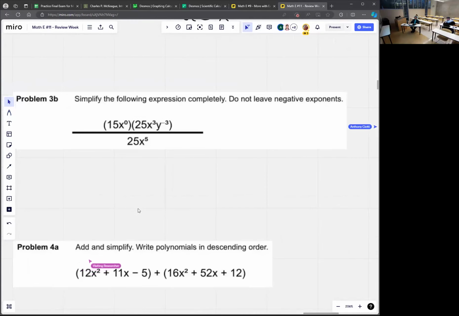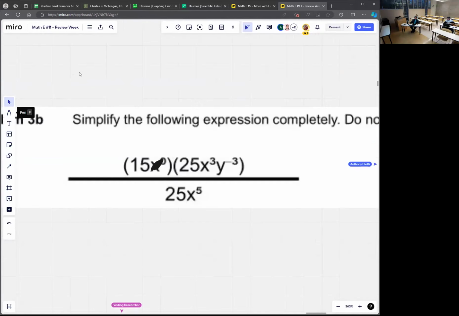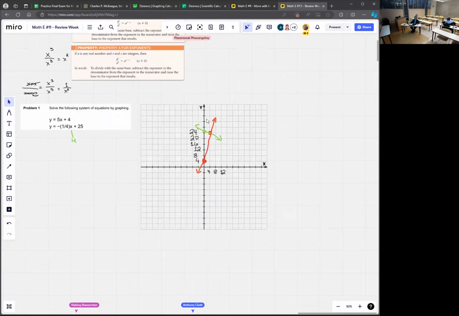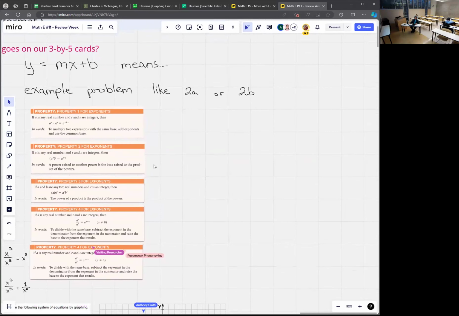Simplify this, don't leave any negative exponents. Okay, anything to the 0 is 1. Maybe put that on your 3x5 card if you need to. Whatever it is, it's raised to the 0, it's 1.